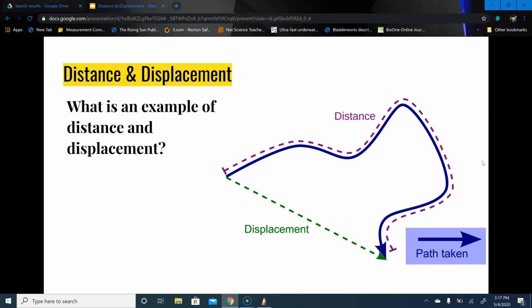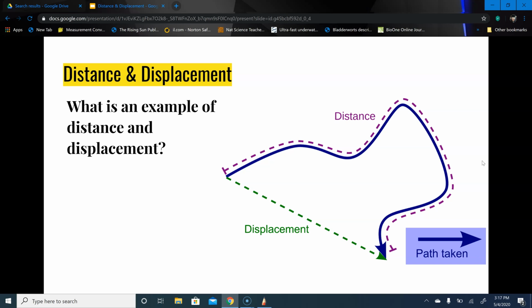So that's our distance, okay? But when we look at where we've ended up compared to where we started, where we ended up is at the end of the green arrow, at the end of the path of the green dotted line. So we're at the very bottom. Okay, so when you look at the distance between that arrow and the starting point, up above where the dotted line started, maybe that's only 1.5 miles.